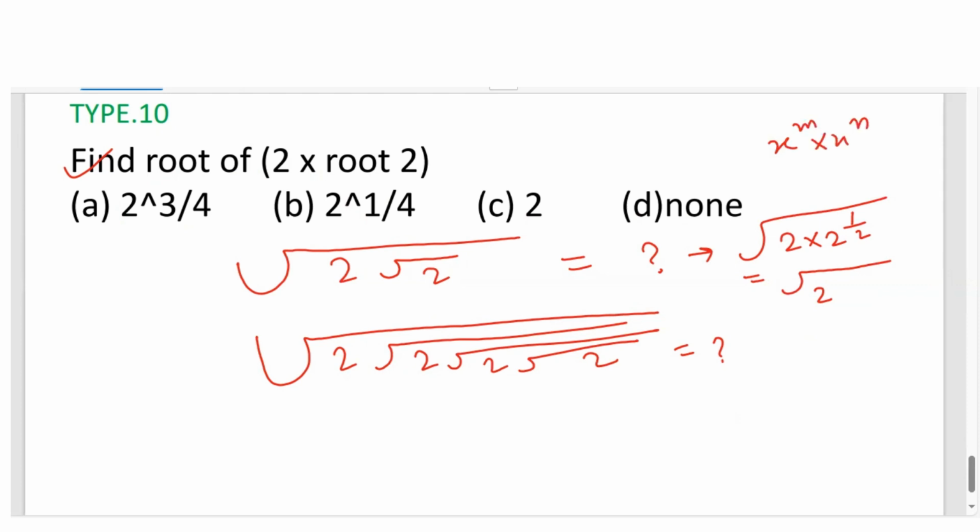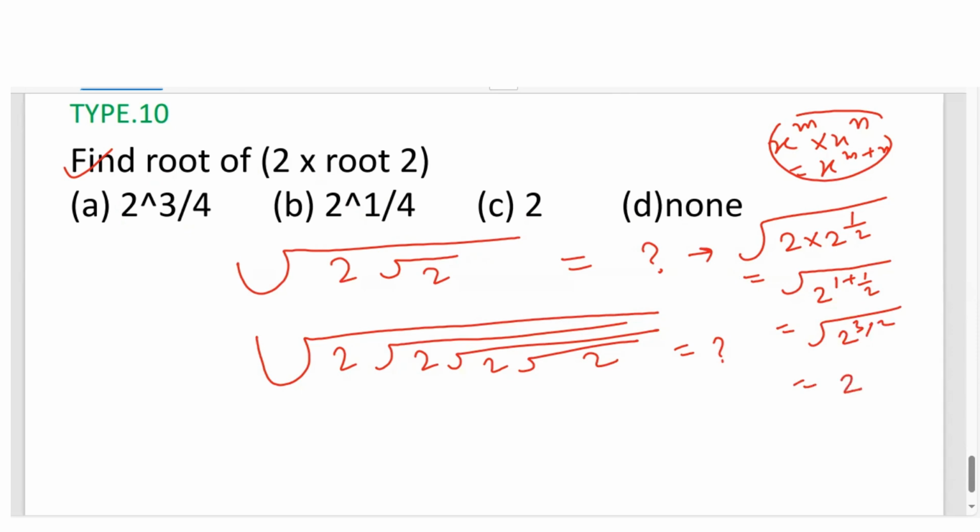When the base is the same and the powers are different, we add the powers. The same thing applies here: 2 to the power 1 plus half. So we get root under 2 to the power 3 by 2.